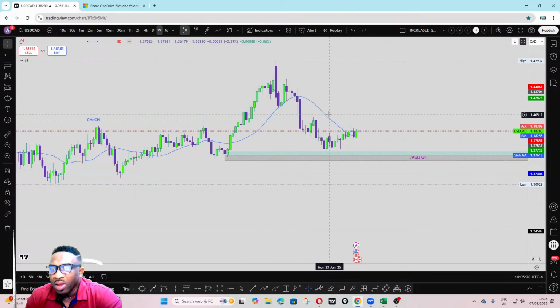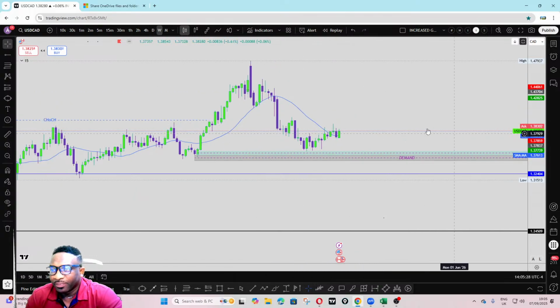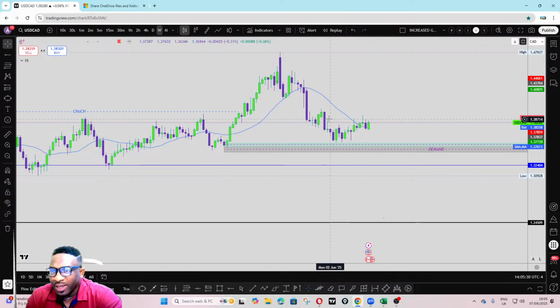So over here we have price right here. We had this push down which caused this break of structure right here.